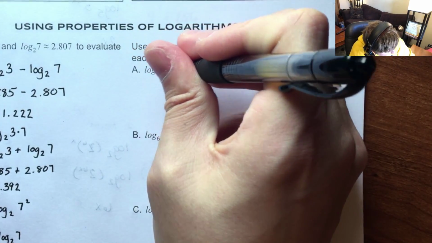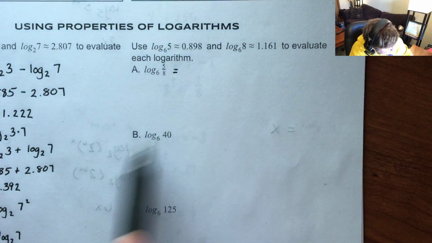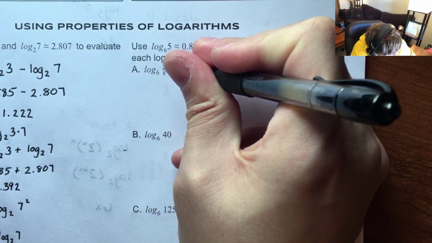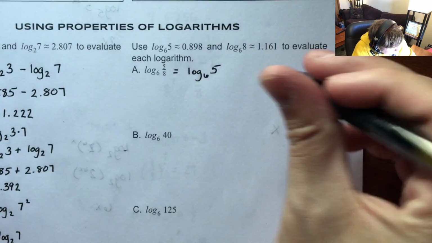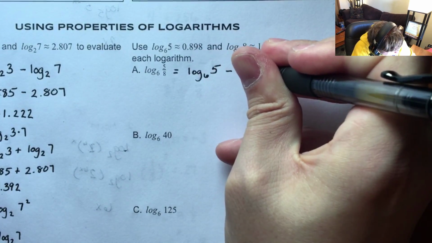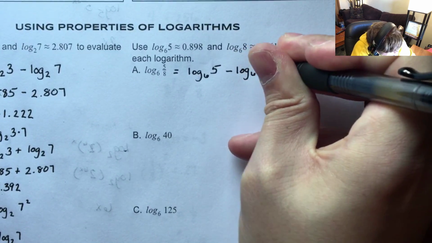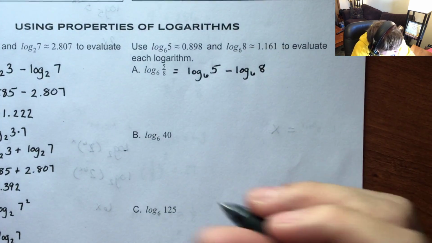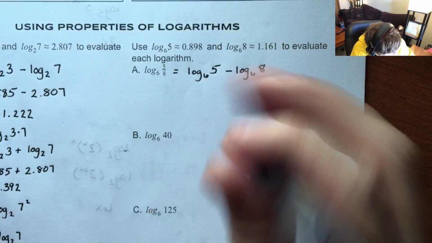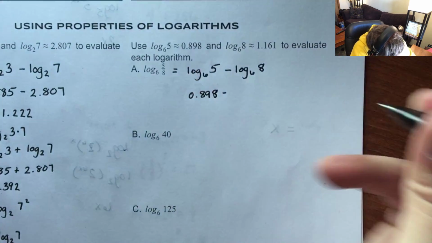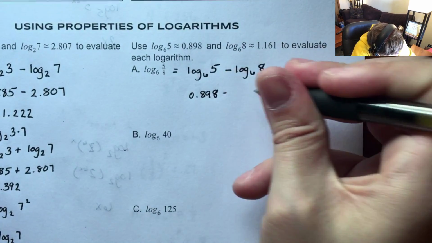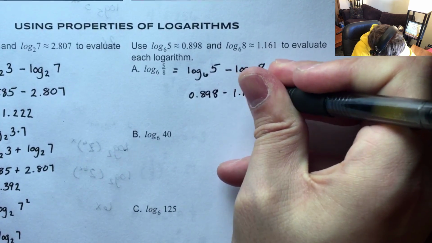I know that this is the quotient one, so I'm going to take log base 6 of 5 and take away log base 6 of 8. Log base 6 of 5 is approximately 0.898, and log base 6 of 8 is 1.161.